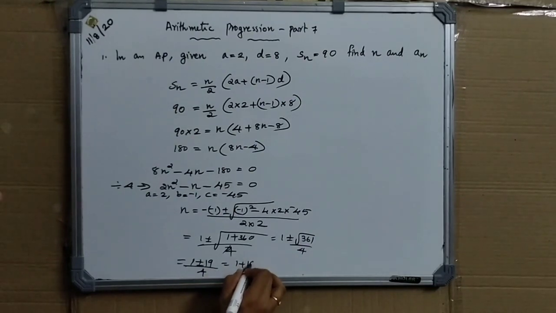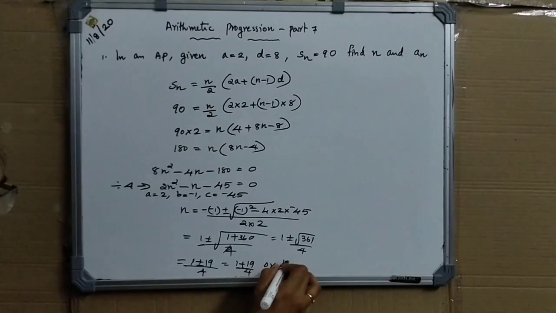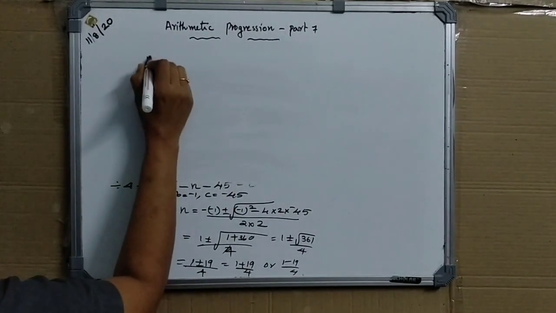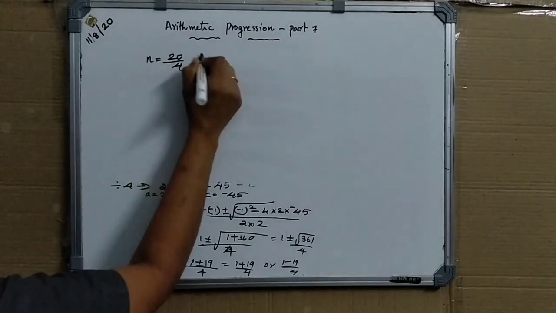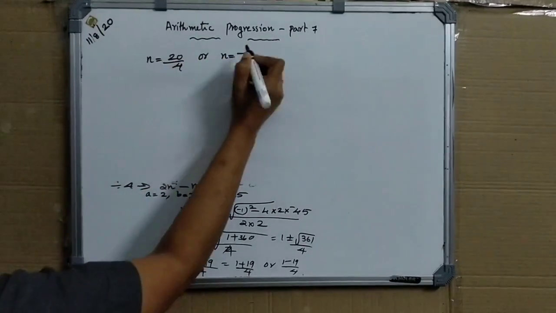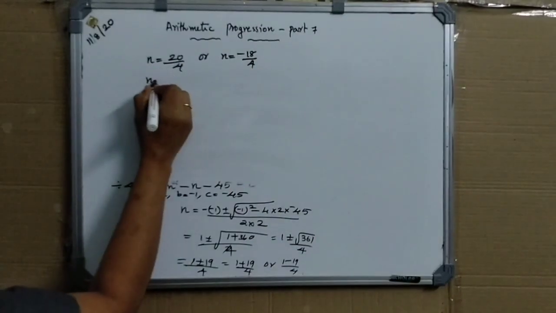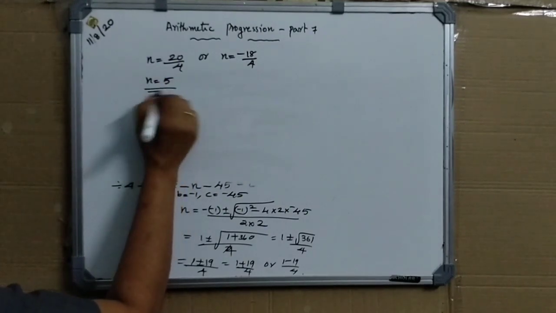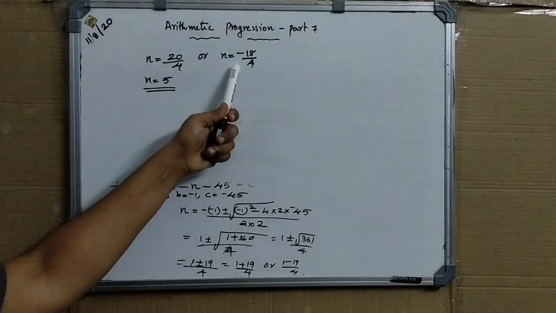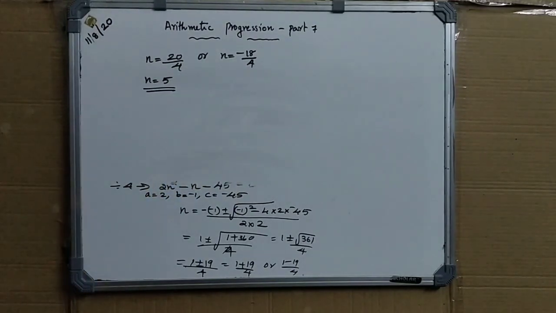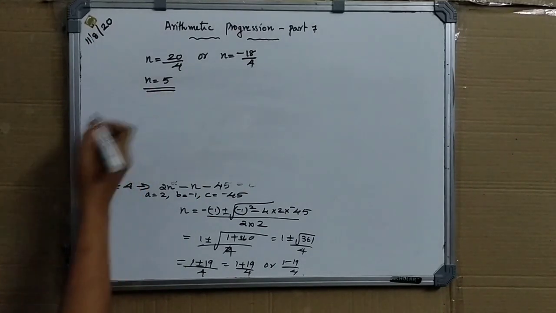That is (1 plus 19) by 4 or (1 minus 19) by 4. 1 plus 19 by 4 means 20 by 4. n equal to 20 by 4 or n equal to negative 18 divided by 4. So here n is equal to 5. Here we cannot take n as a negative number. n indicates the position, so we can take n equal to 5 only.